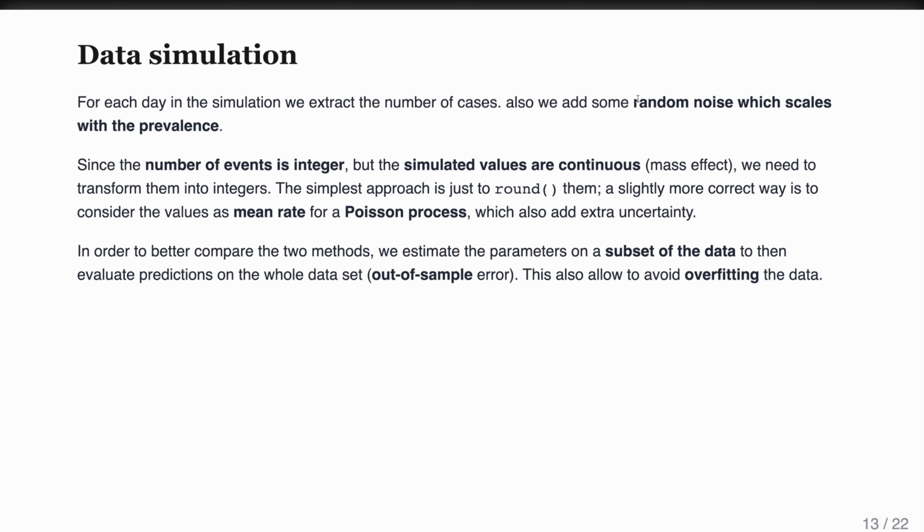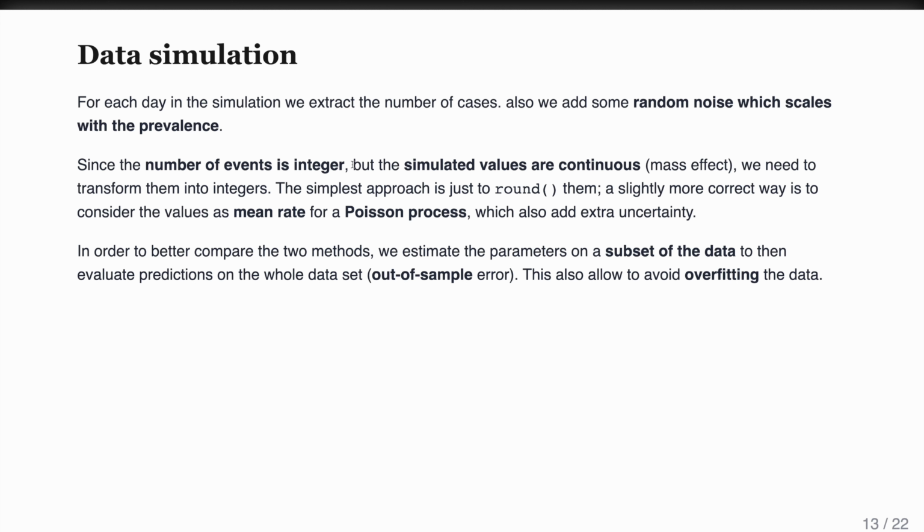So we want to simulate this noise by adding random noise to the mean estimates of the simulation, but also we will have a noise that scales with the prevalence. This is common for this kind of data, that the noise is not always the same, but the more cases you have in your epidemic, the more random oscillations you will see in the data. So we add the noise and then we transform them into integer.